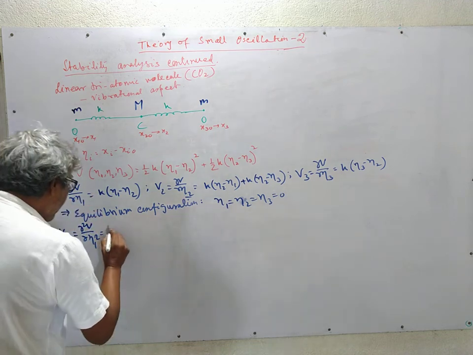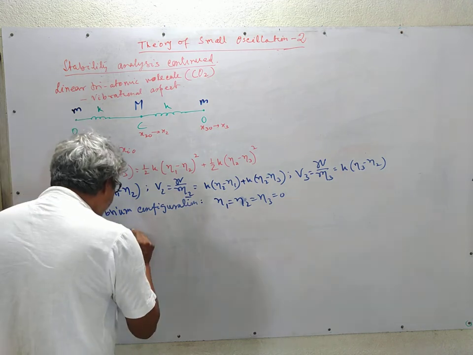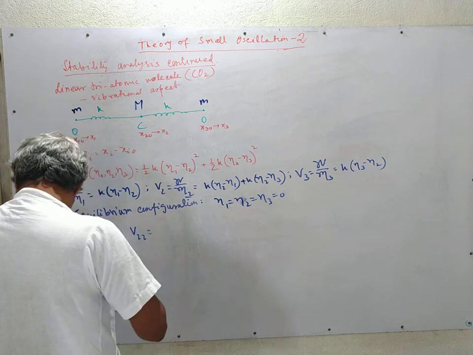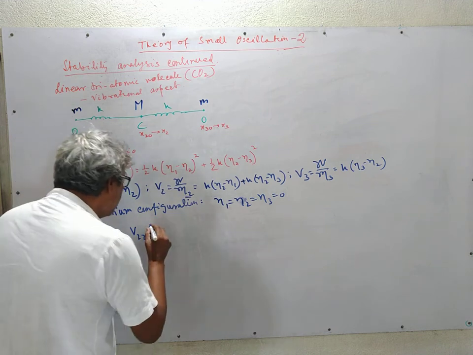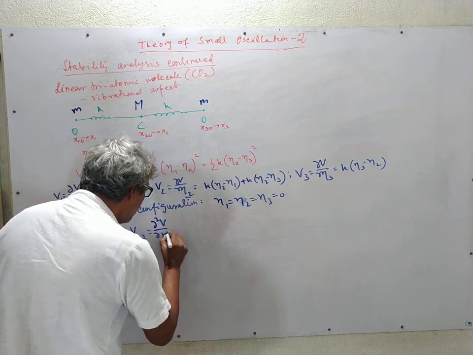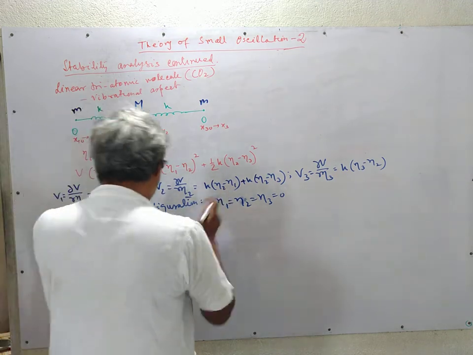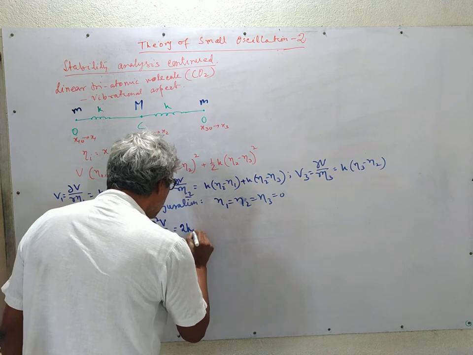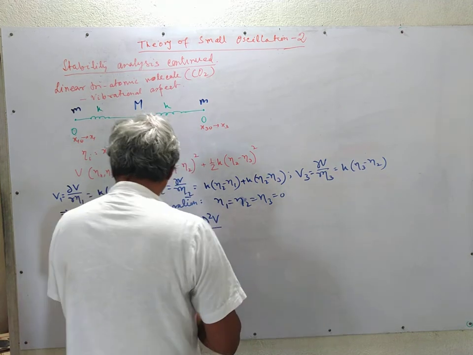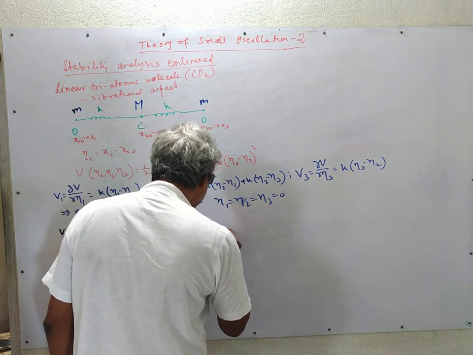This is simply K. V22 is equal to del 2 V del eta 2 squared, which is 2K, and, sorry, this is V33 first one. V11 and V33 are symmetric.